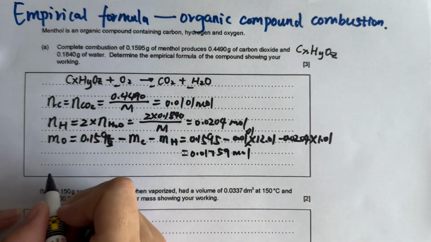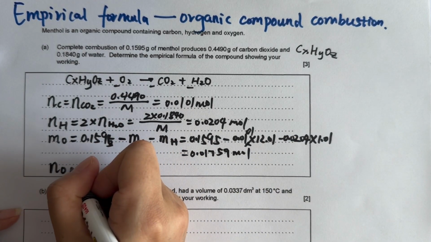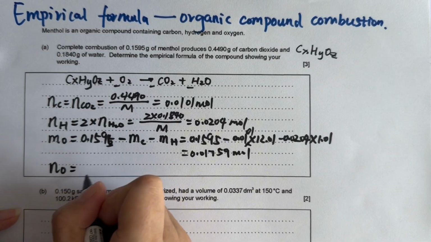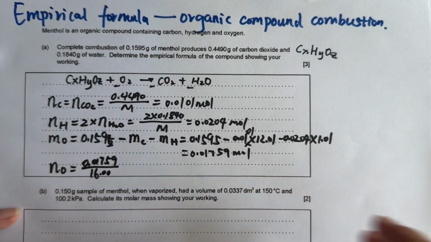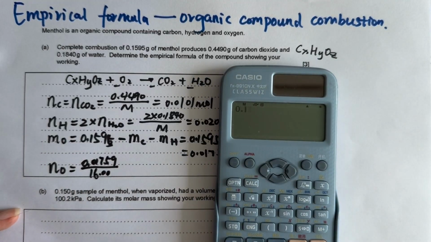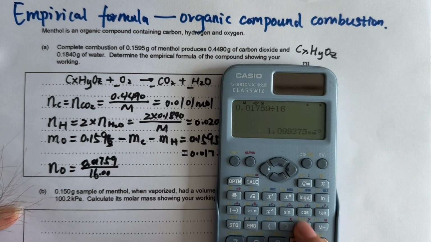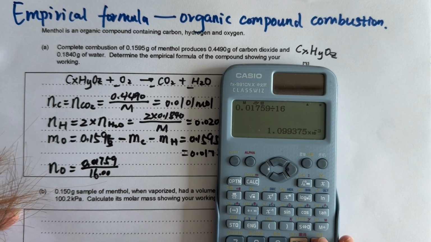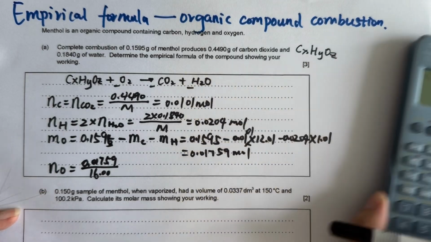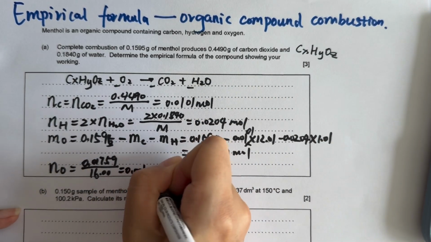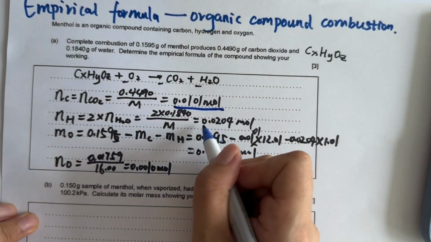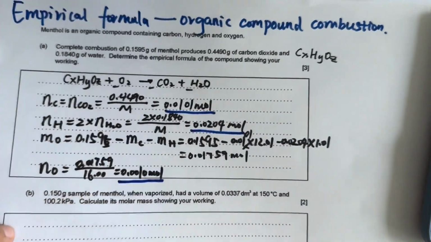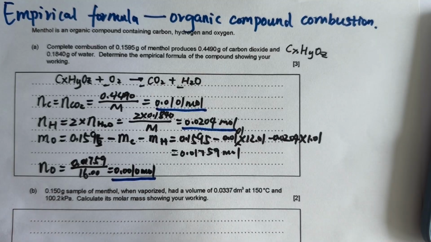So the next step is that we work out the number of moles of oxygen, and the number of moles of oxygen will be its mass divided by its molar mass. So out of these three values here, the number of moles of carbon, the number of moles of hydrogen, the number of moles of oxygen, you can find that the number of moles of oxygen is the smallest, right?